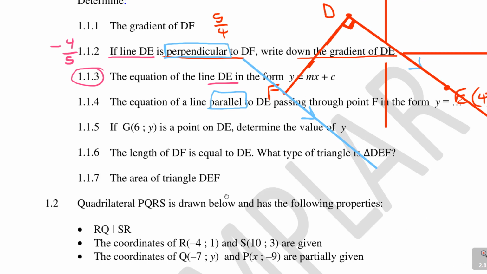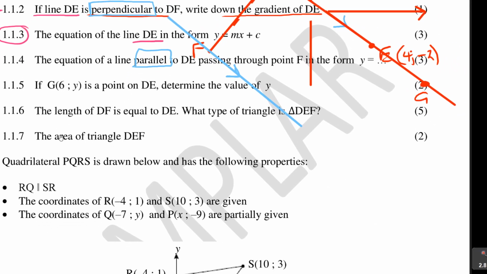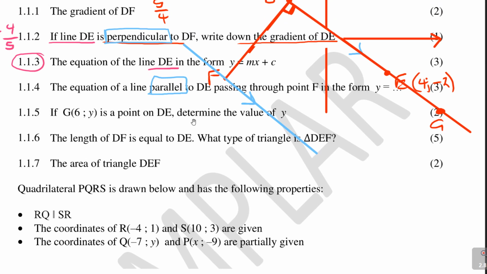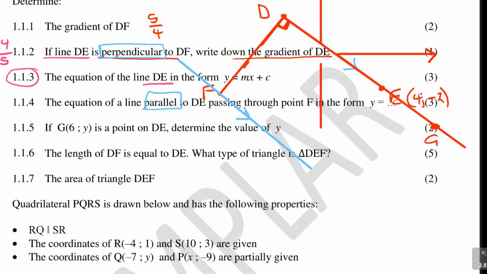Look at the next one. It says the length of DF is equal to DE. Okay, they are telling us the length of DF. So this length here is equal to DE. So these are equal.